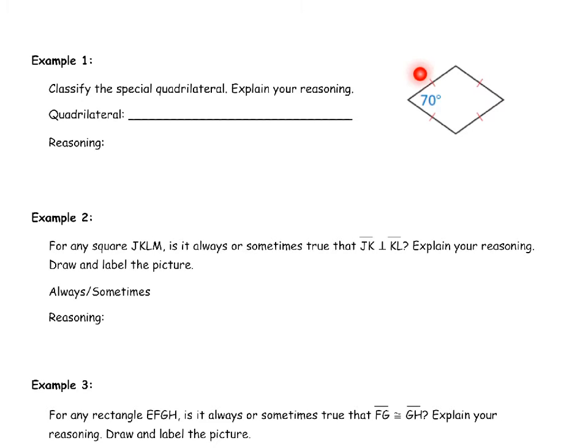So, the other key factor that I have here is that all sides are congruent, which basically would say that this quadrilateral is not only a parallelogram, but more specifically a rhombus. And the reason why is that all sides are congruent.